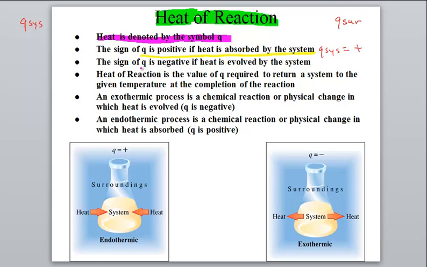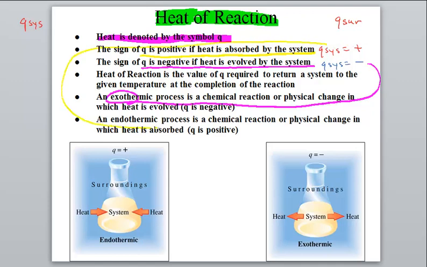If a chemical reaction loses chemical energy to the surroundings, then the Q of that system would be negative. If the heat flow is out of the system and going to the surroundings, that's Q system negative, and that's an exothermic process. If the Q is positive, energy is flowing into the system, and that's an endothermic process.